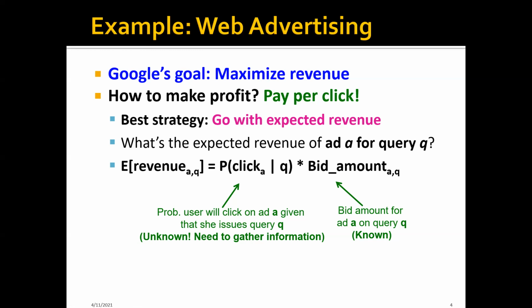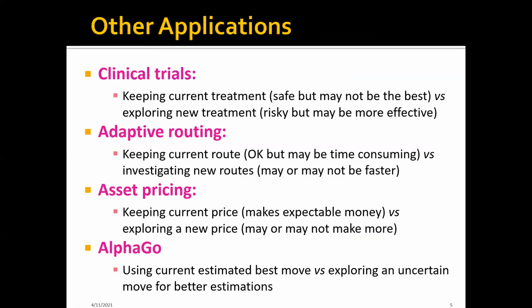The problem is we do not really know the click-through rate for a specific ad, so we need to gather information. Therefore, we need to do experiments to estimate this click-through rate, and we hope that as we gather more and more data, our estimate of the click-through rate will get more and more accurate.